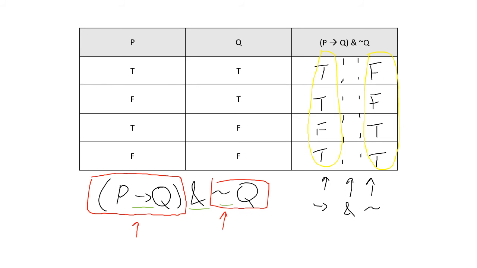So where's an ampersand true? Well, it's true only where both sides are true. So this one's going to be true, but in each of these other instances, one of them is false. Here, this one's false. Here, this one's false. Here, this one's false. So this bottom one is the only one that's true. So it's false, false, false, true.